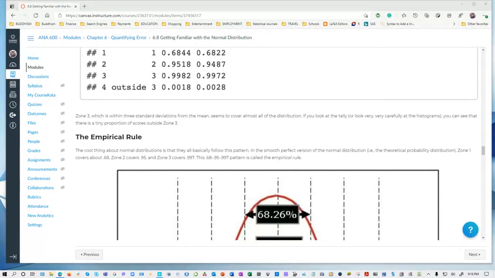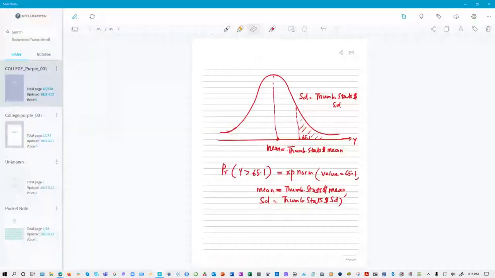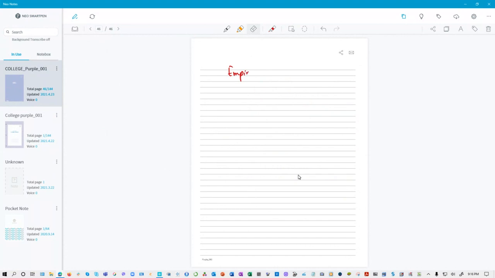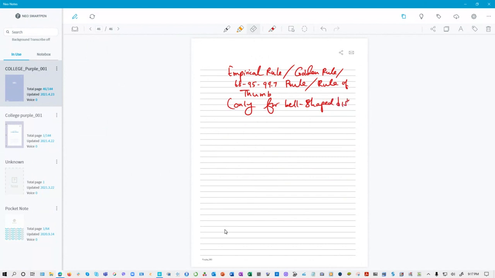The empirical rule is a rule that can be used for bell-shaped distributions. It is also called the golden rule, or sometimes the 68, 95, 99.7 rule. It's a rule of thumb, only for bell-shaped distributions.